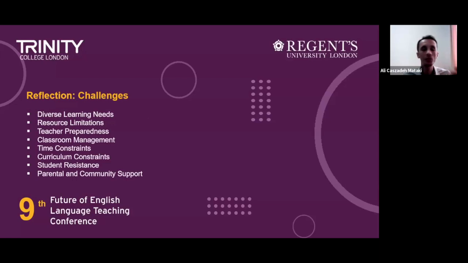For example, some students may require more visual aids, or some other students might benefit from hands-on activities, or some students are slow, they need additional time to process information. So implementing differentiated instruction is the key here.